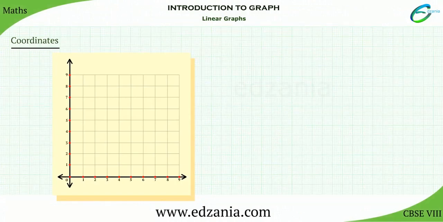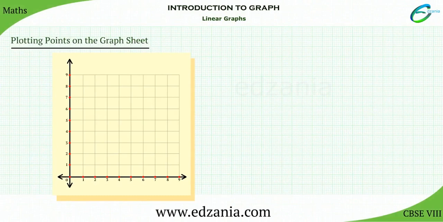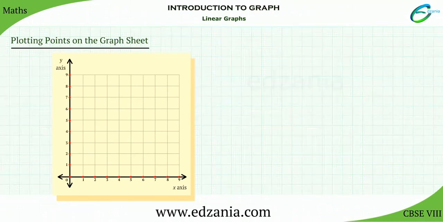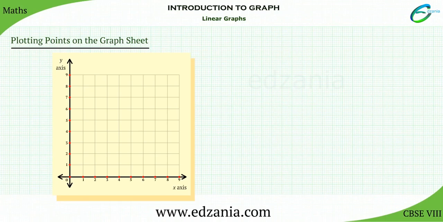Plotting points on the graph sheet. We will use a graph paper for our Cartesian plane. A graph paper has horizontal and vertical reference lines. Let's draw the x-axis on a horizontal line and the y-axis on a vertical line on the graph paper. Now, let's put in a point A. Can you determine the coordinate of point A?